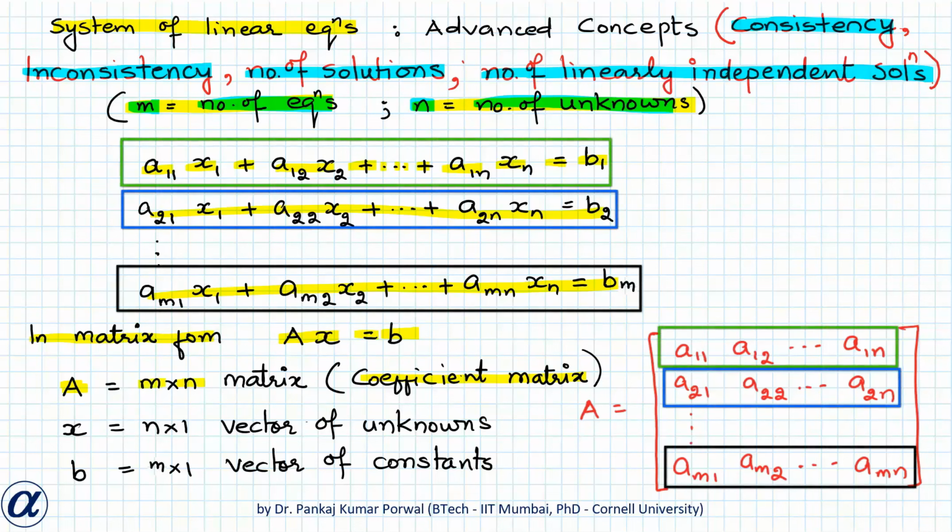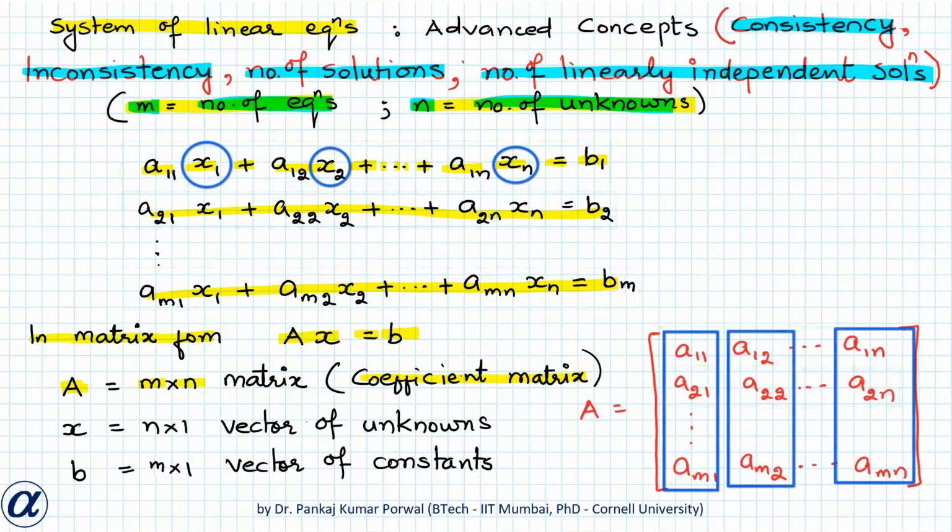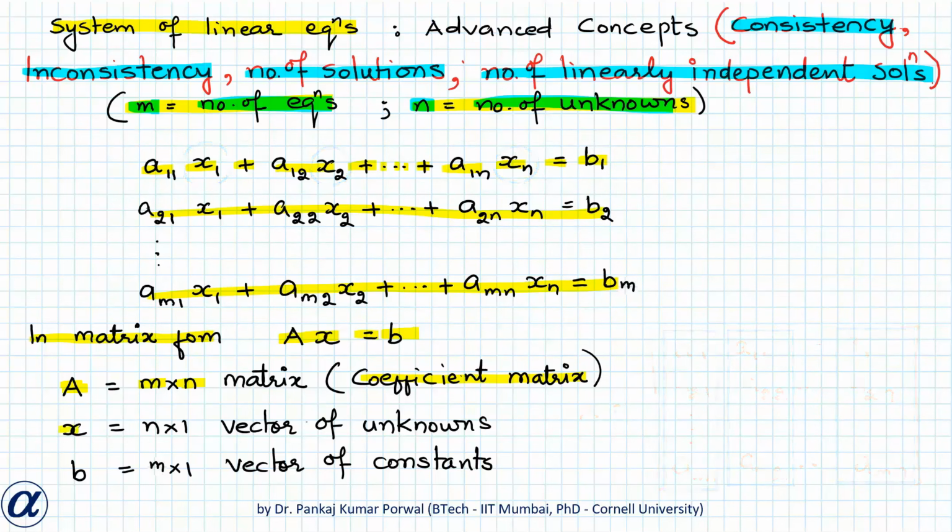We have m rows corresponding to m equations, and we have n columns corresponding to n variables. x denotes the vector of unknowns and its size is n by 1. b denotes the vector of constants and its size is m by 1. Here note that our unknowns x are written as a vector of size n by 1, so linear independence of our solutions will be the same as linear independence of vectors.